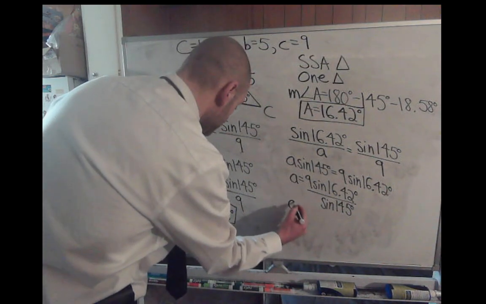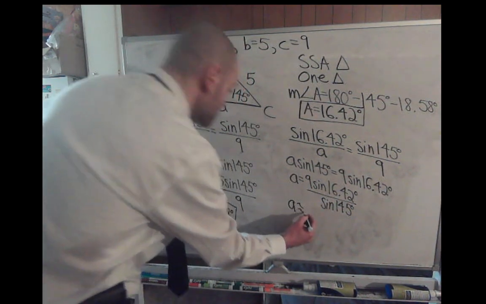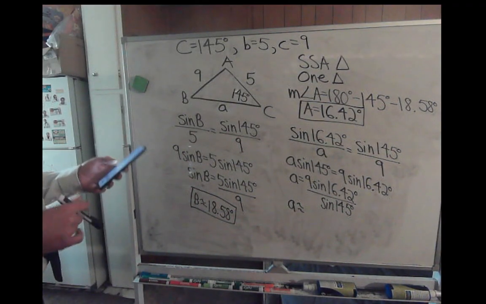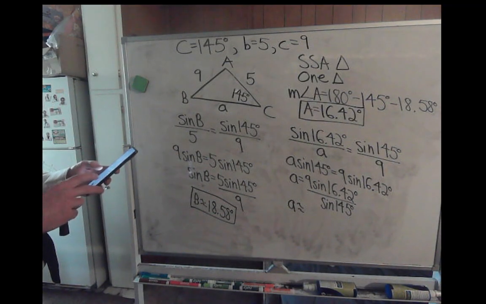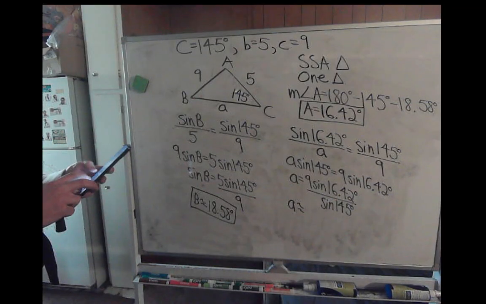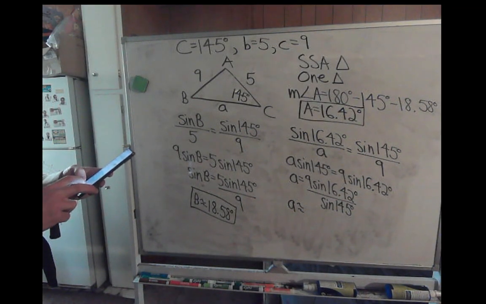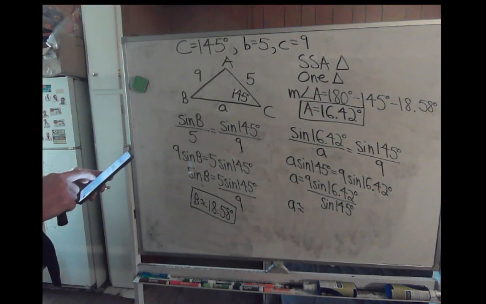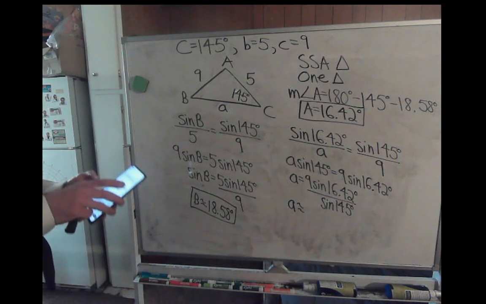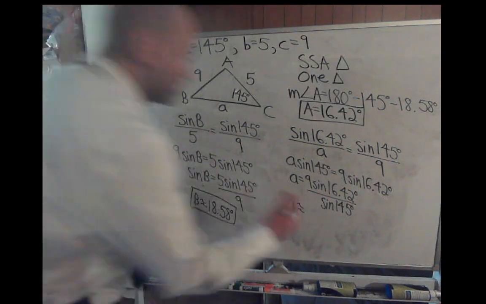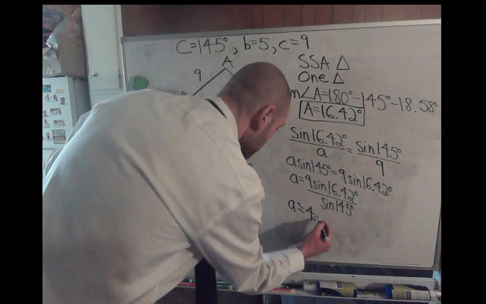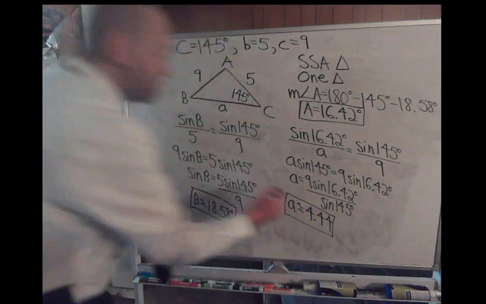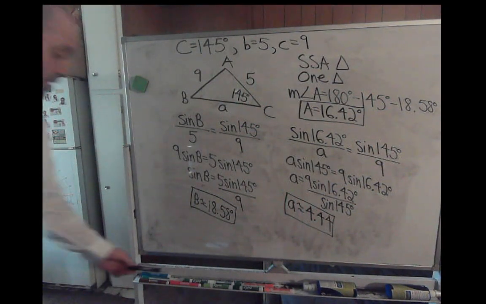So then we'll be able to get an approximation for side A of about 4.44. So side A would have a length of about 4.44.